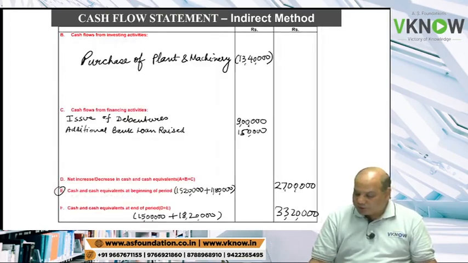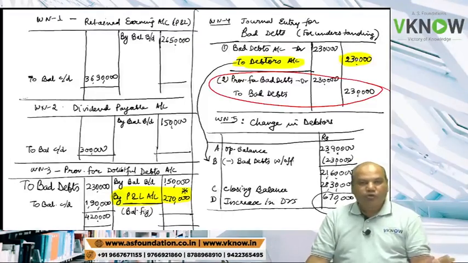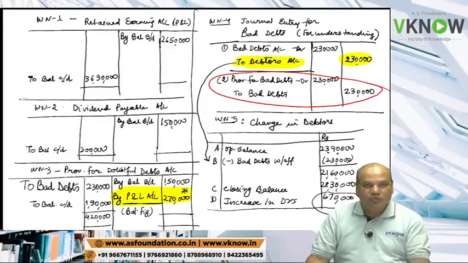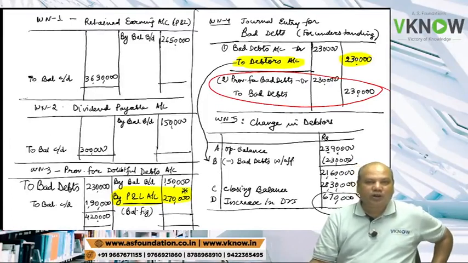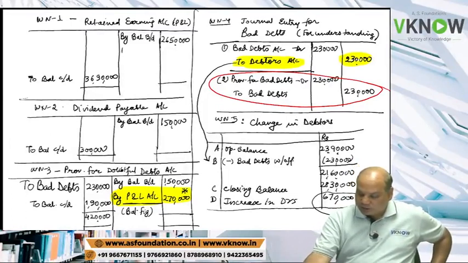And second effect will be in retained earning account. Working note 1 credit side by net profit for the year.